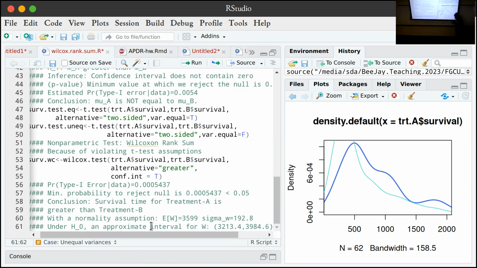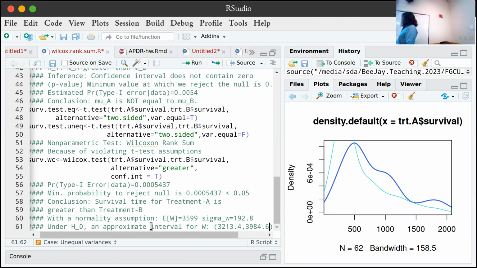If there is evidence to support the null, and if I repeated the study over and over and over again, the value of W will fall between those two numbers, 3,213.4 and 3,984.6, 95% of the time.